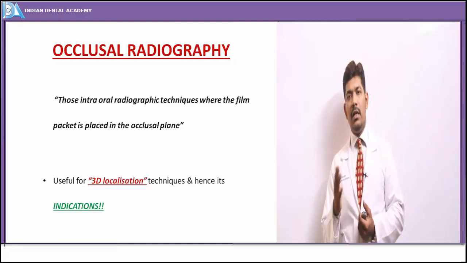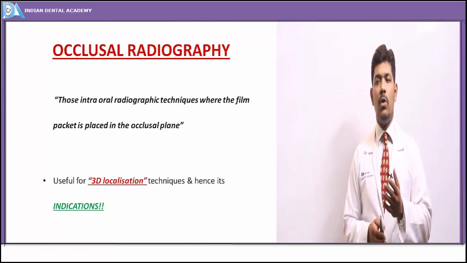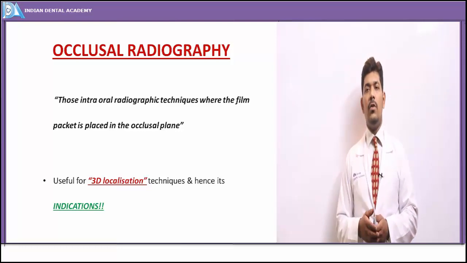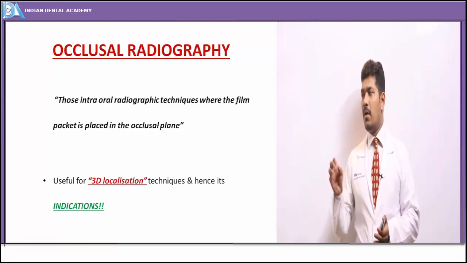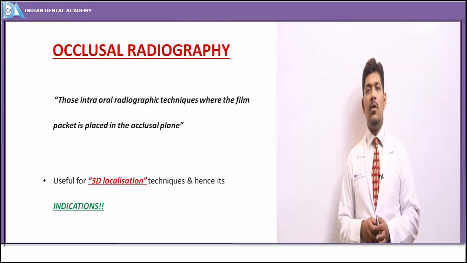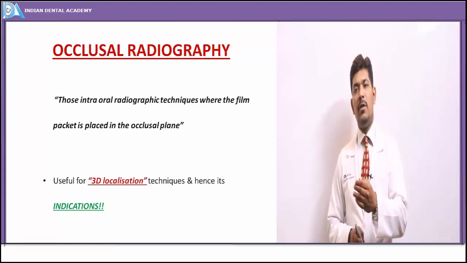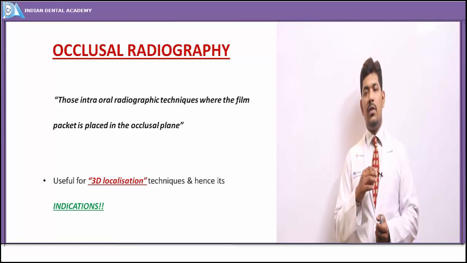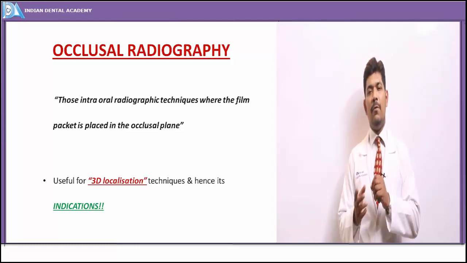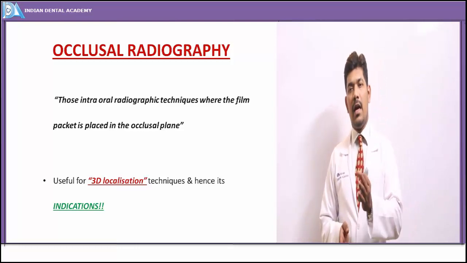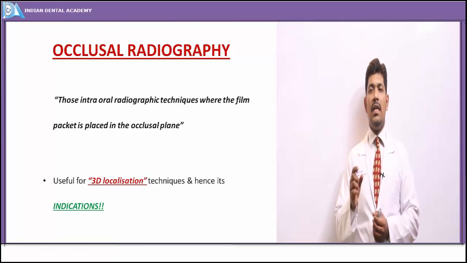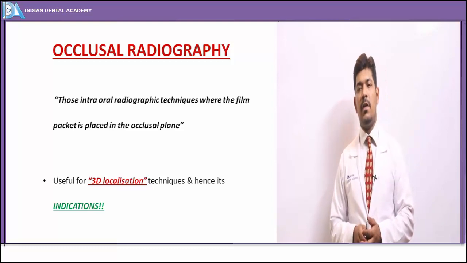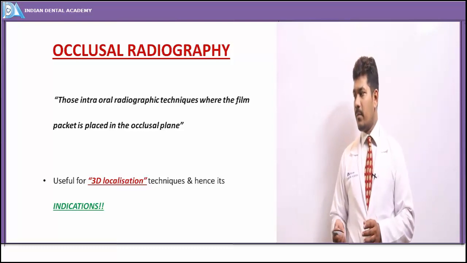So to determine the third dimension of the oral structures, a combination of occlusal radiographs with periapical or bite-wing radiographs is used to bring out a 3D representation of the intraoral cavity, to determine the placement of a specific anomaly or a specific tooth in a 3-dimensional structure. By obtaining information from both the occlusal as well as the intraoral periapical radiographs, we can exactly localize a specific tooth in a 3-dimensional way.